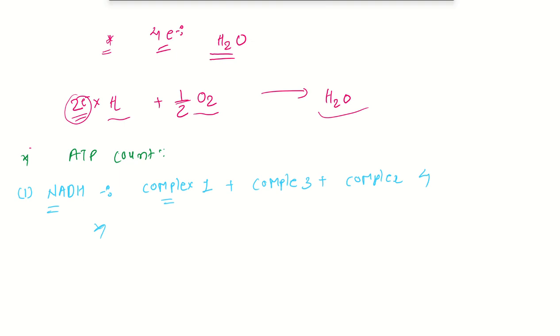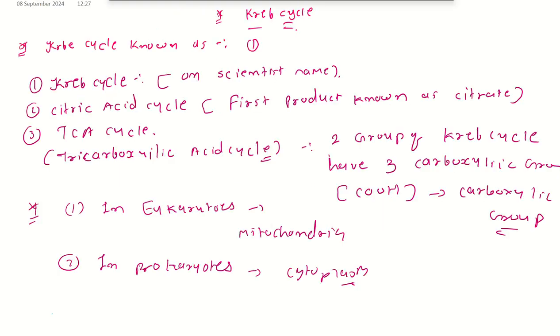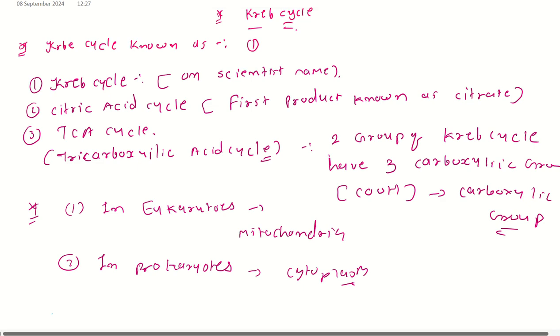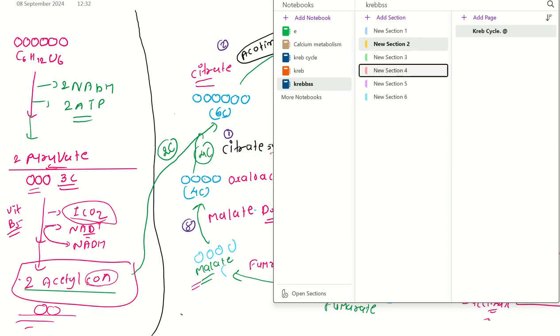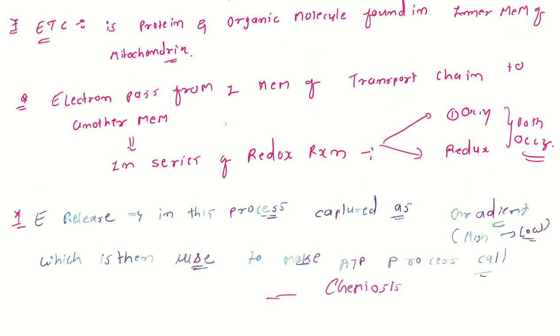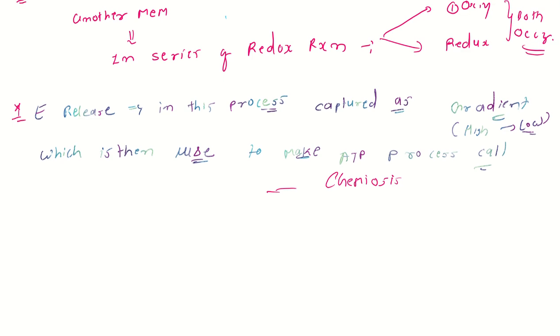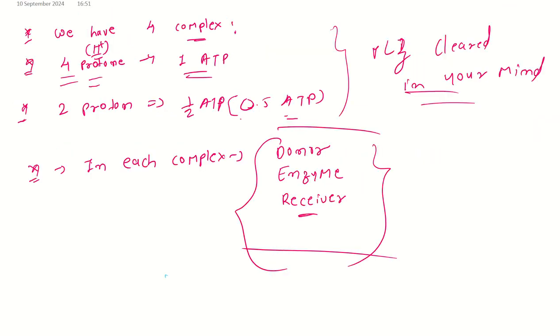I told you before, 4 protons means 1 ATP, 2 protons means half ATP.